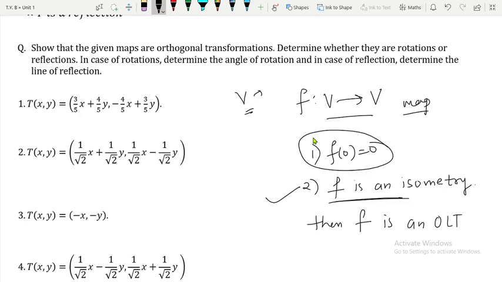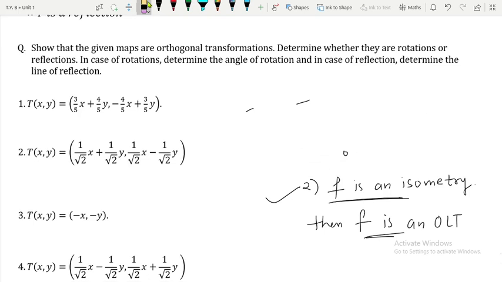This is the question: how to show that a given function is an orthogonal linear transformation? In those cases we are supposed to use the basic definition of OLT. So what is our basic definition of OLT?